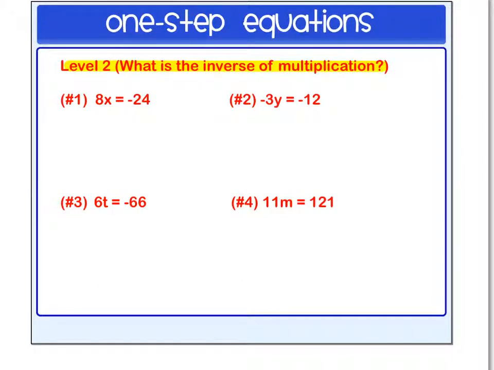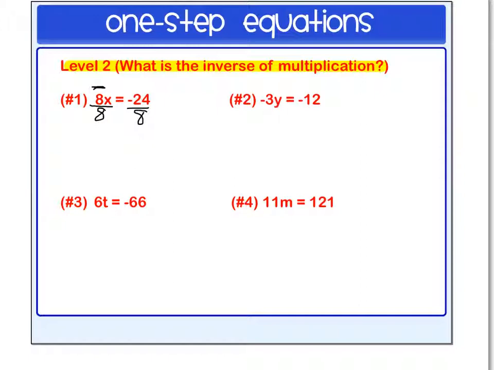When we look at these equations, you'll notice there's a number directly next to a variable. When a number's directly next to a variable, they're held together by multiplication. So if our goal is still to get that x by itself, we want to undo that multiplication. To undo multiplying by 8, we're going to divide by 8.